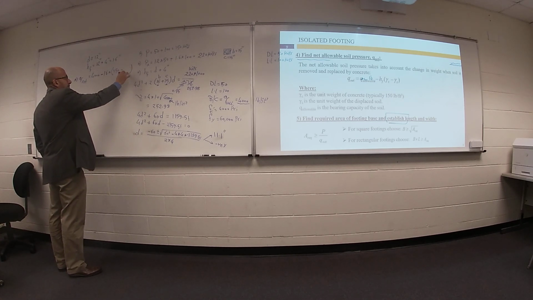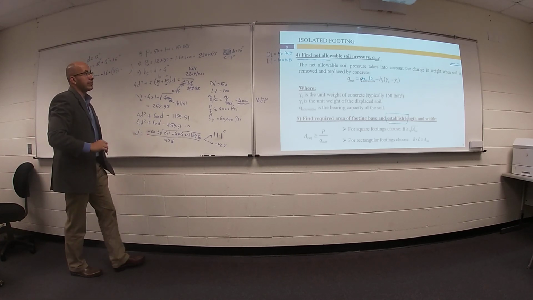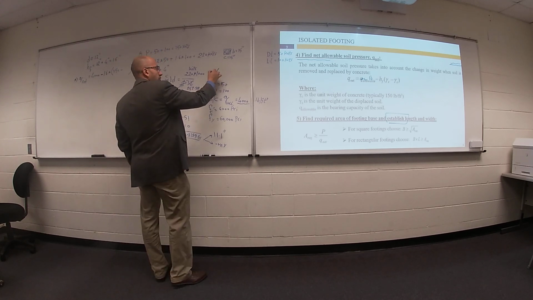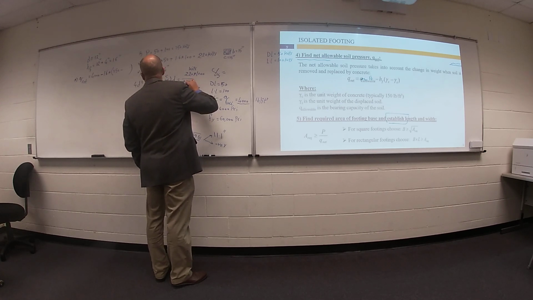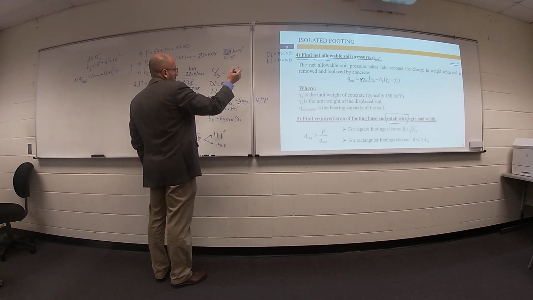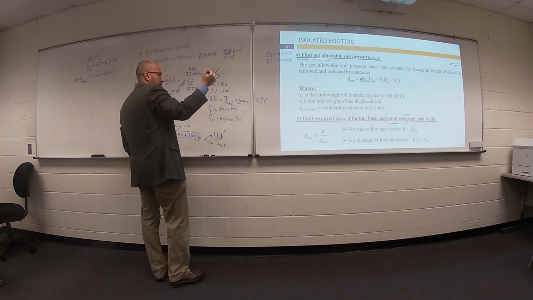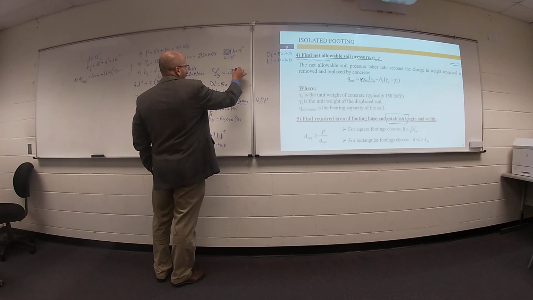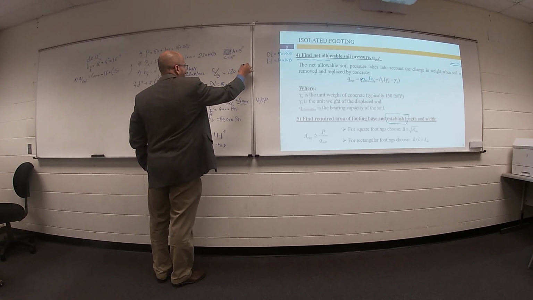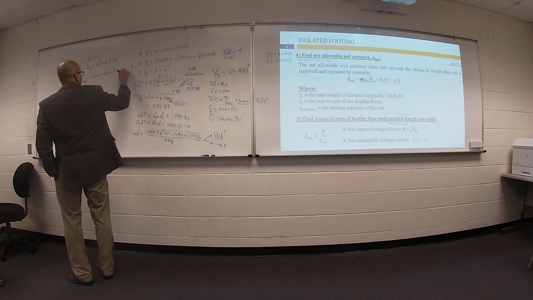It's not given. Gamma soil, we can assume it should be given. Soil will be lighter than concrete, so we can assume it 120 pound per cubic feet. Gamma soil, 120.